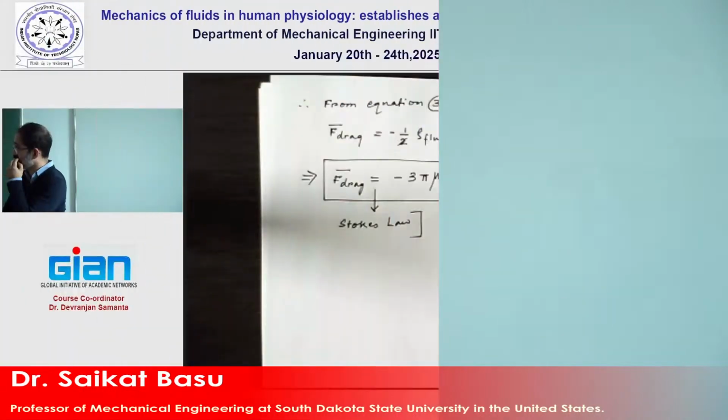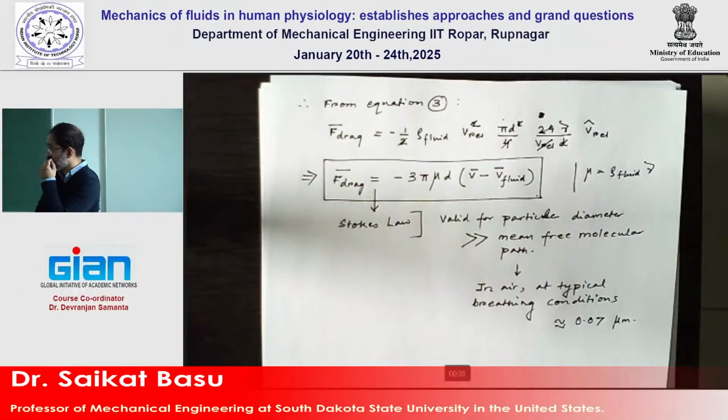They are moving fast, and there comes the concept of the inertial dominance of the particle's motion. So we are going to look at that kind of inertial mechanics as well, which leads to inertial impaction. So both gravitational sedimentation, settling, as well as inertial impaction. So let's try to derive the equations for that.